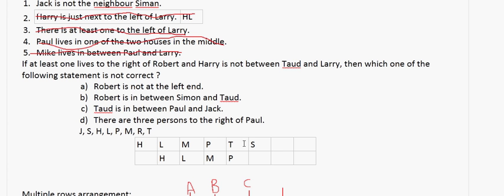Simon can be here, R can be here, right? And finally J can be here. In this case, Robert is between whom? It is between J and S, right? We have to make Robert between T and S, right? Can we do that? Let's see.